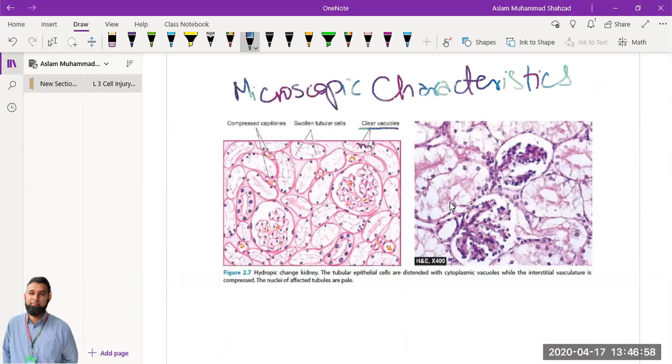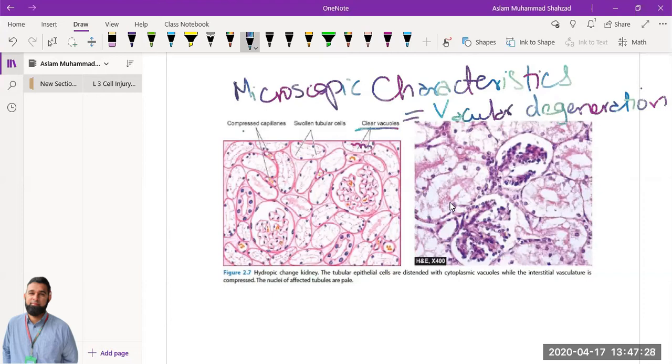This explains the term vacuolar degeneration. In vacuolar degeneration, we will find small clear vacuoles, these vacuoles.